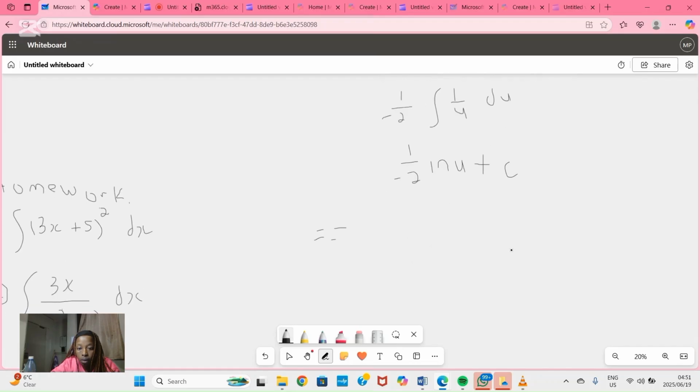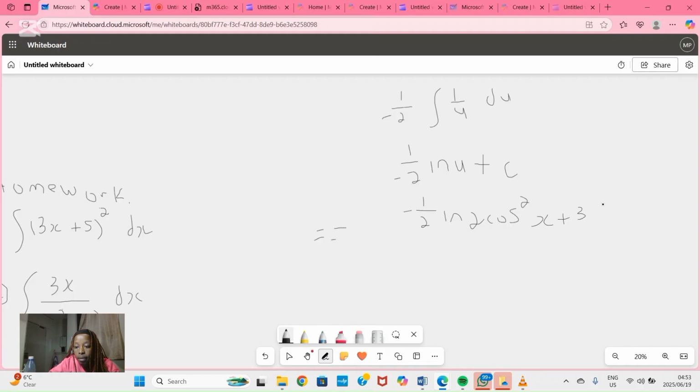Then our final answer is 1 over 2. Let me erase the bracket because I don't think it's necessary. 1 into ln of 2 cos squared x plus 3 plus c.